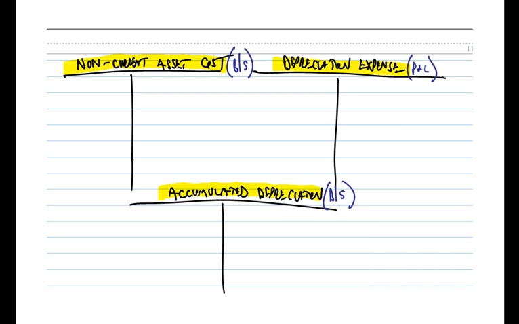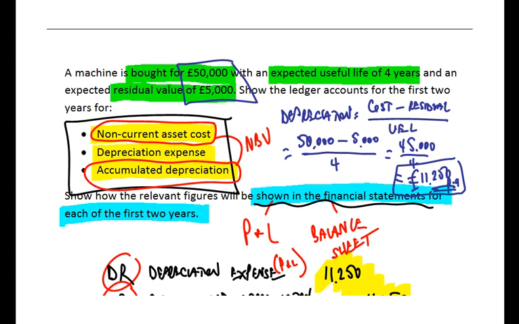Now let's think about the basic double entry for the initial acquisition of the asset here. Before we even worry about the depreciation, we've got to think about the fact that we are buying an asset for £50,000. On the first day of ownership, we would have to capitalise that machine as a non-current asset.